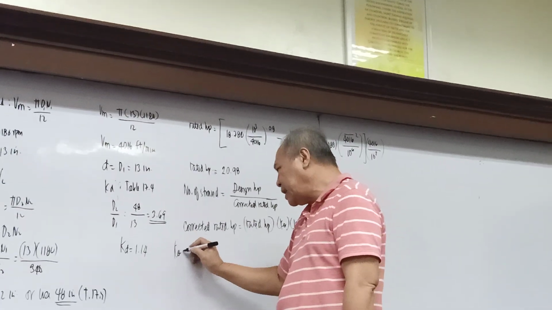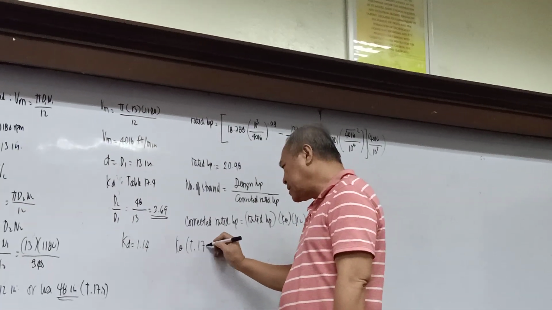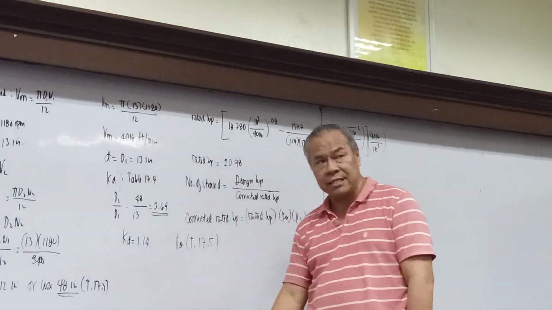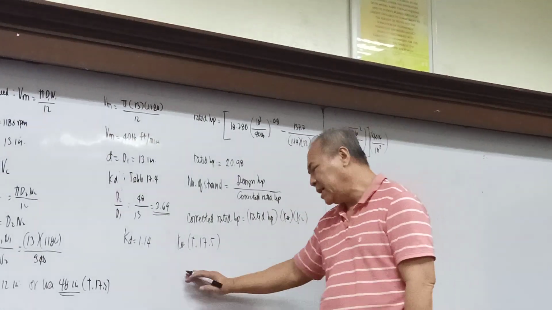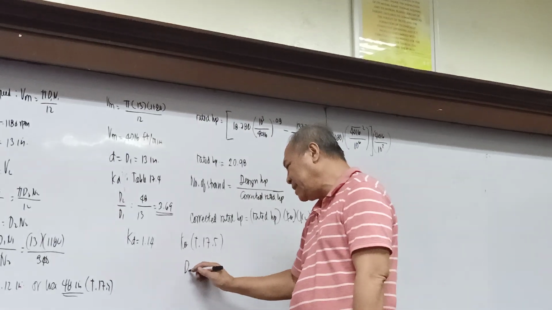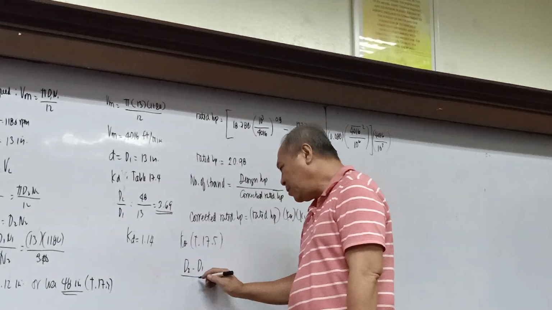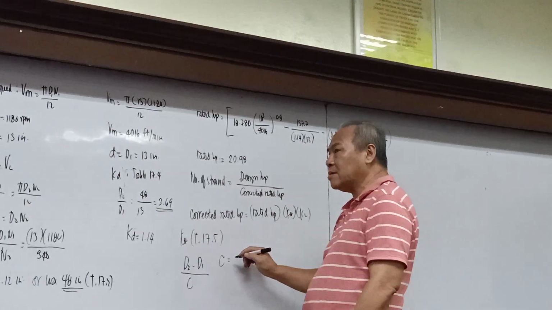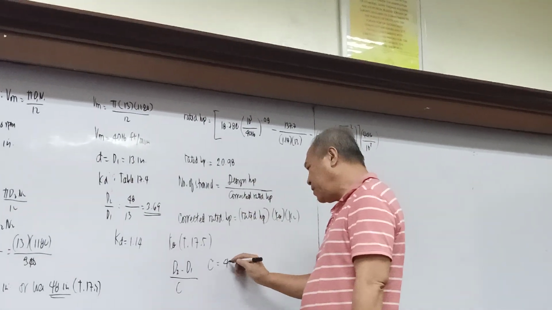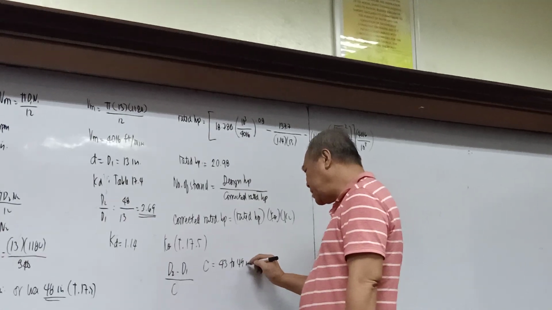So, K theta can now be determined on table 17.5, your textbook. Ano kailangan natin yan? Get the ratio between the difference in diameter with respect to the center line distance. Ang center line distance natin, according to the problem, is between 43 to 49 inches.